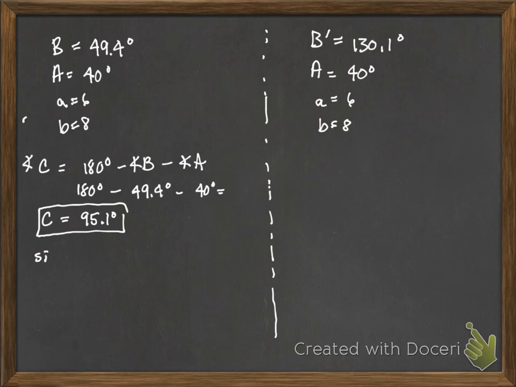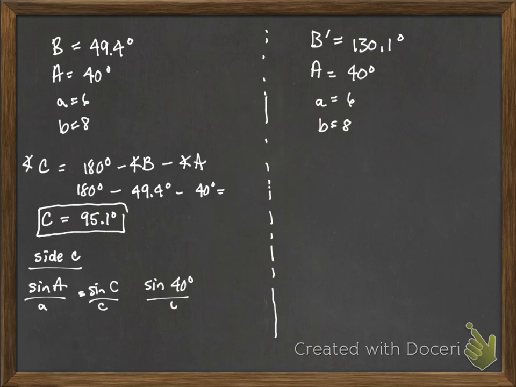So I found angle C, check. And now I have to find side C. Law of sines: sine of angle A over A equals sine of angle C over C. So sine of 40 degrees over 6 equals sine of 95.1 degrees over C. Crisscross applesauce, I get C times sine of 40 degrees equals 6 times sine of 95.1 degrees.